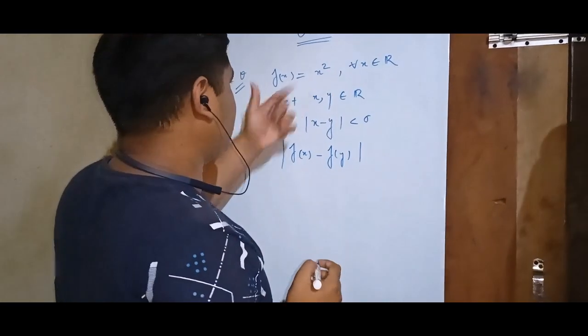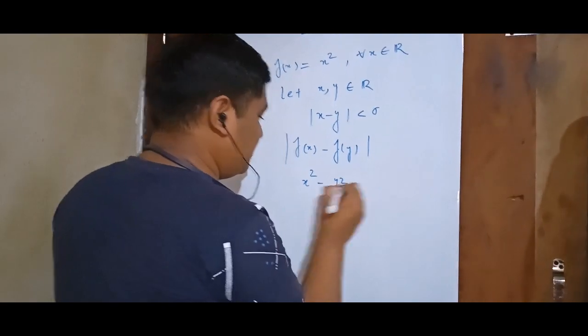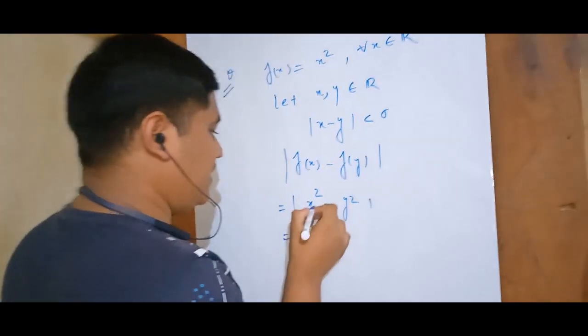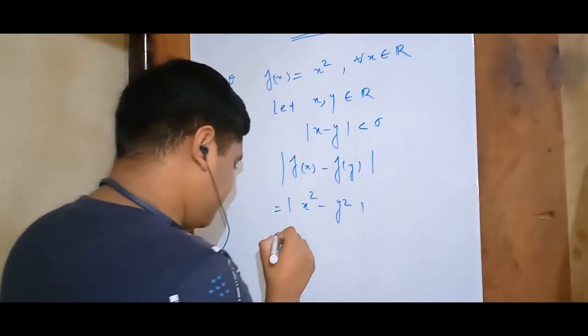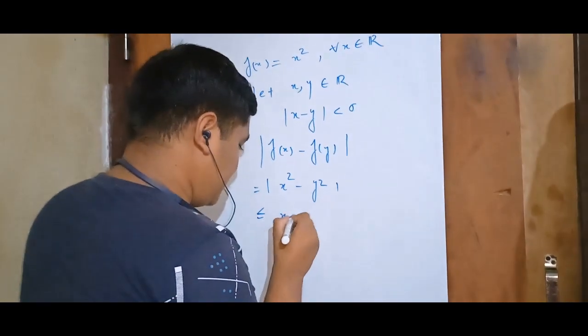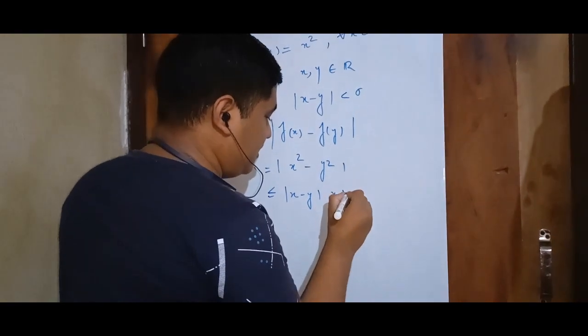So f of x minus f of y is modulus of x square minus y square. According to the inequality concept, we can write it as less than or equal to modulus of x minus y into modulus of x plus y.